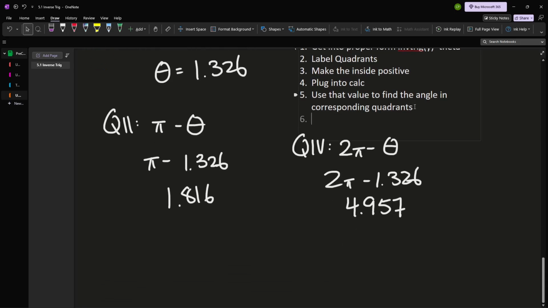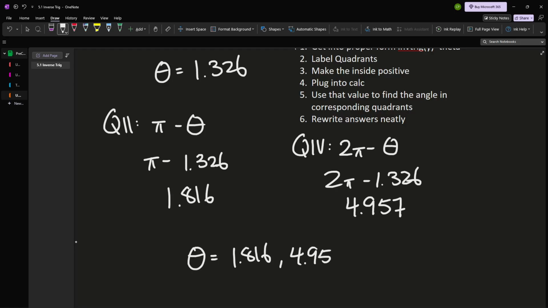Finally, we rewrite our answers neatly. Theta is equal to 1.816 as well as 4.957.